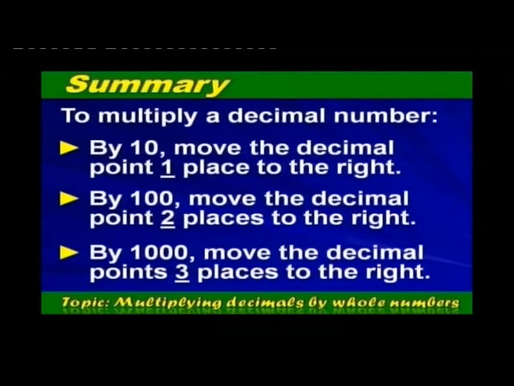By 100, you move the decimal point how many places to the right? 2 places to the right. And by 1000, you move the decimal point 3 places to the right. Those are our main summary points for the lesson for today.